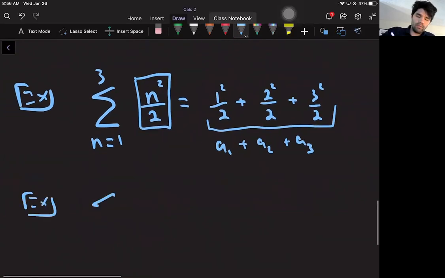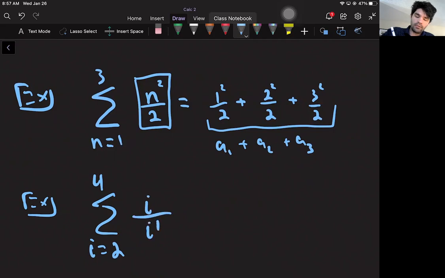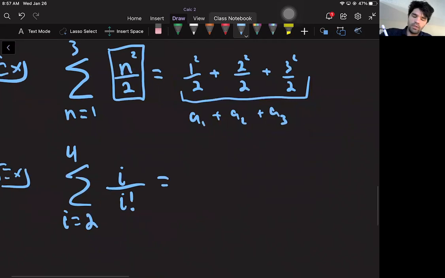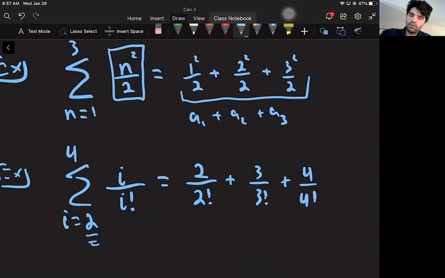So here's another one, different letter, I equals 2 to 4, I over I factorial, super weird. So what would this be? This would be 2 over 2 factorial, because I'm starting at 2, plus 3 over 3 factorial, because 3 is the next number, and then 4 over 4 factorial, because 4 is the last number.